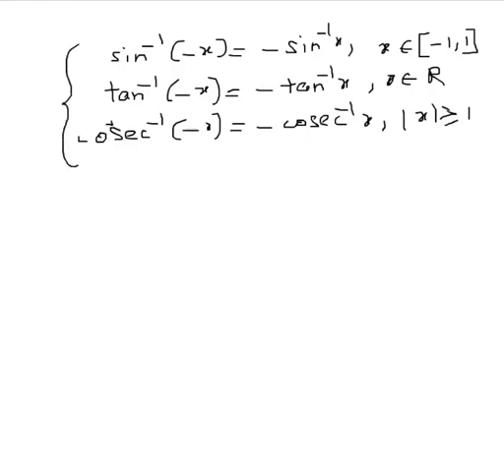For all these three inverse trigonometric functions, the principal value branches are minus pi by 2 to plus pi by 2, the fourth and the first quadrants. So for negative values we write the negative angle, which is the fourth quadrant angle.